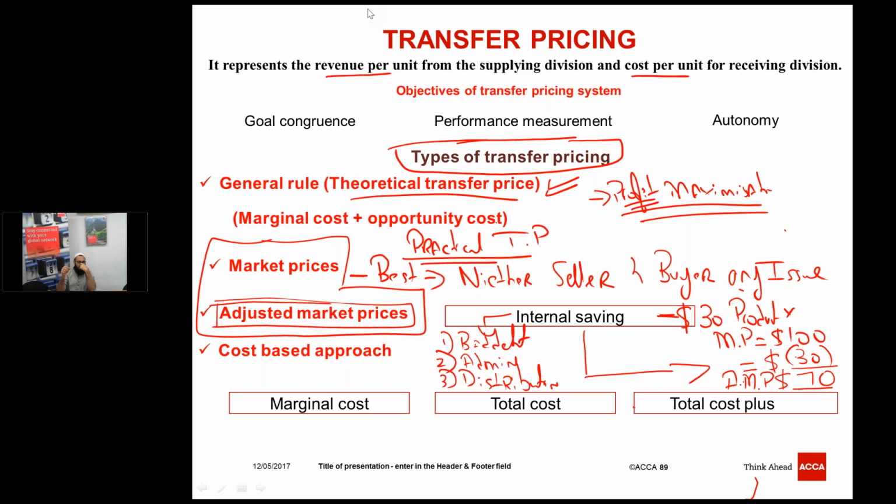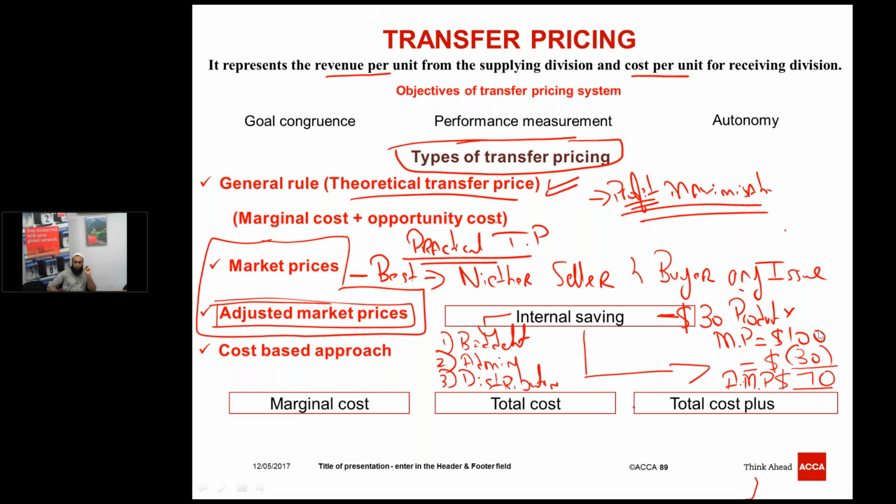Now I'm repeating adjusted market price because a few people asked me to do so. Adjusted market price means a price which is basically a market price, but from that market price we deduct the internal cost savings that will result if the business is being done internally.